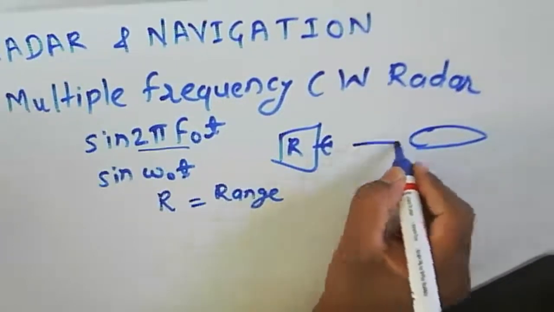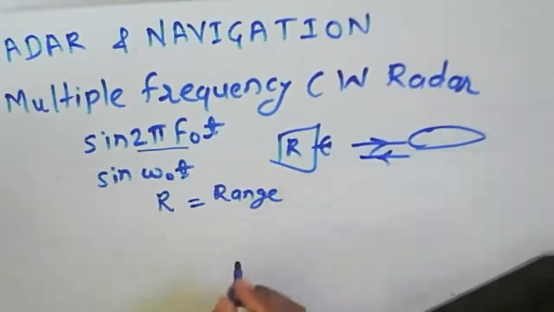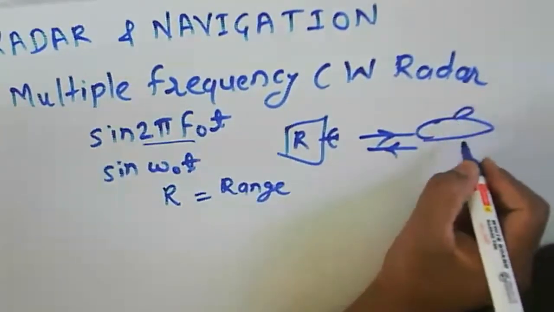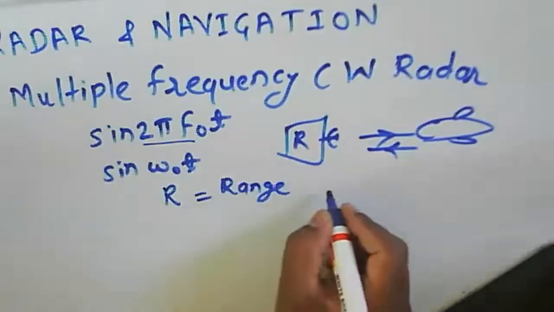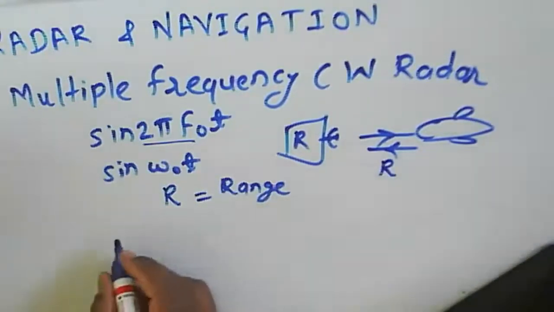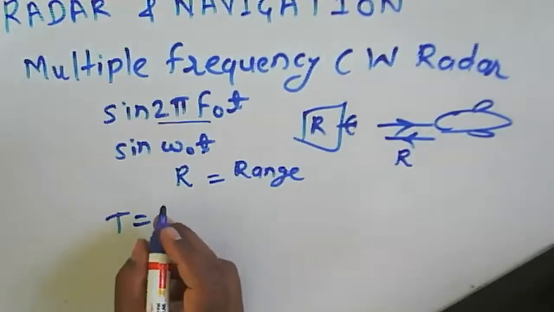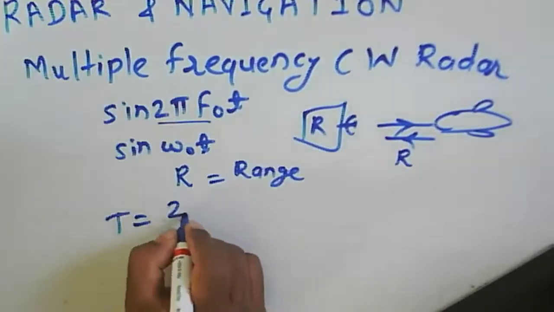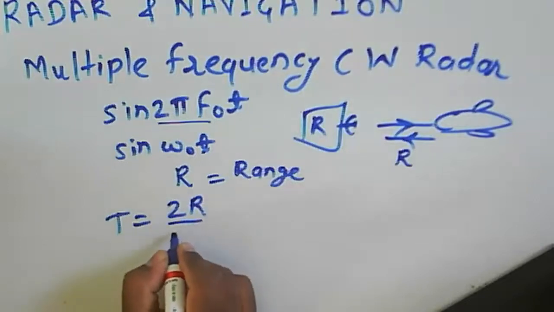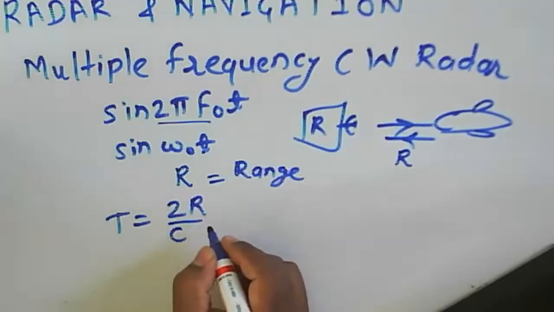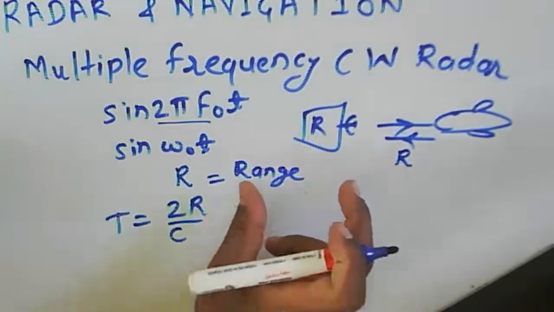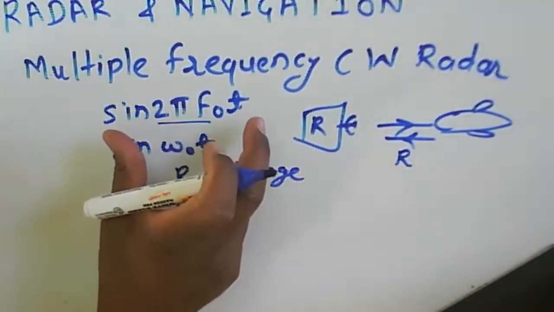We transmit the signal and receive the signal from the object. This will be the range, and we receive the signal after a particular time. So we can define t as twice r by c, where c is nothing but the velocity of propagation.